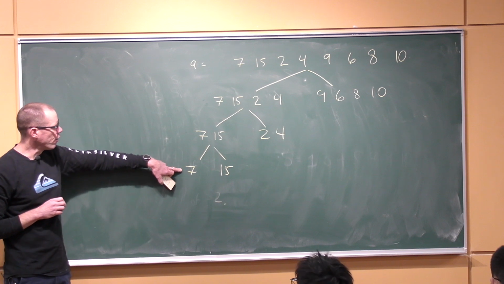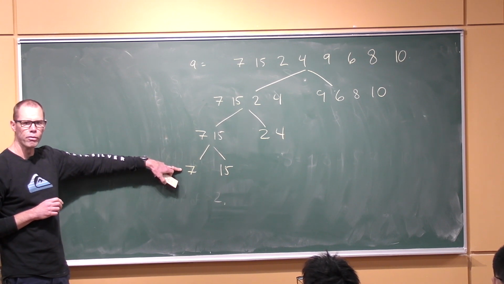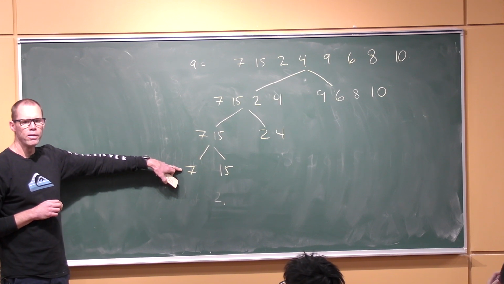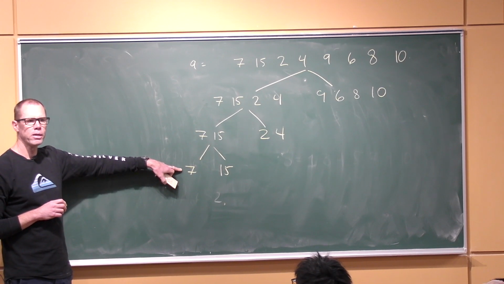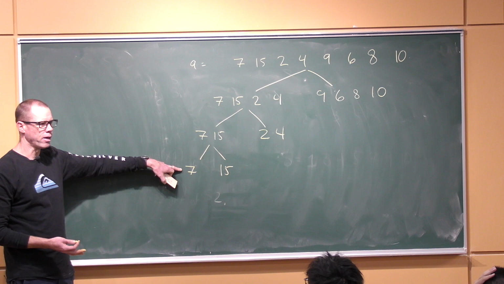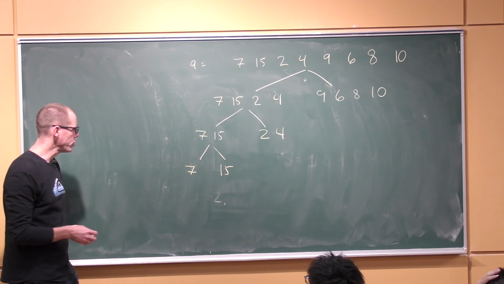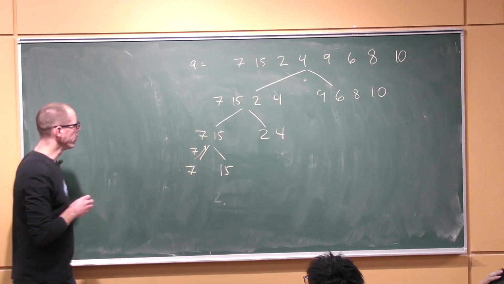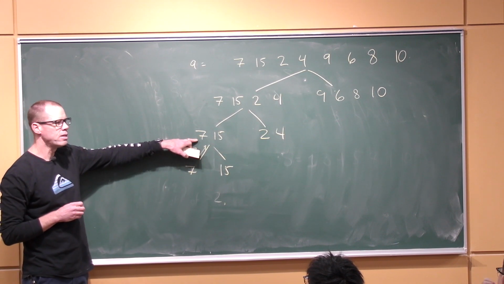And it's going to call itself recursively on the first half. Now we get down to the base case. This is a list with only one element, so it doesn't have to do anything. It just returns that thing.